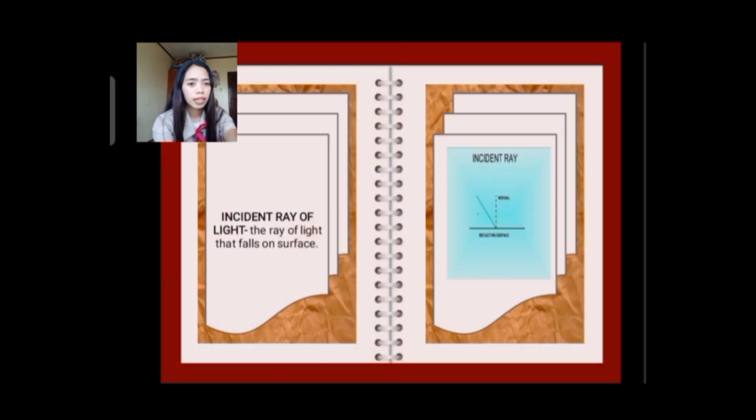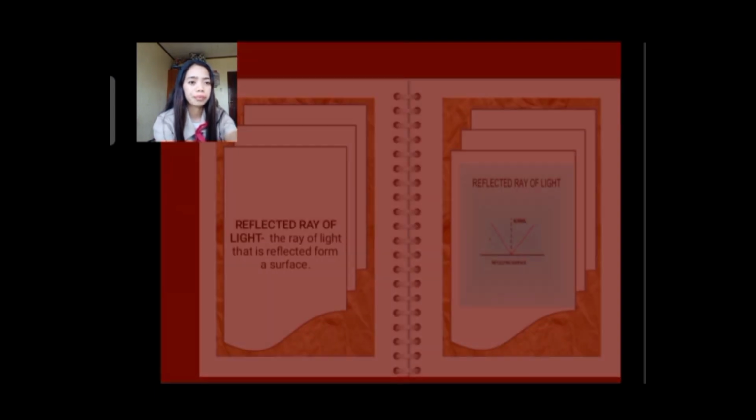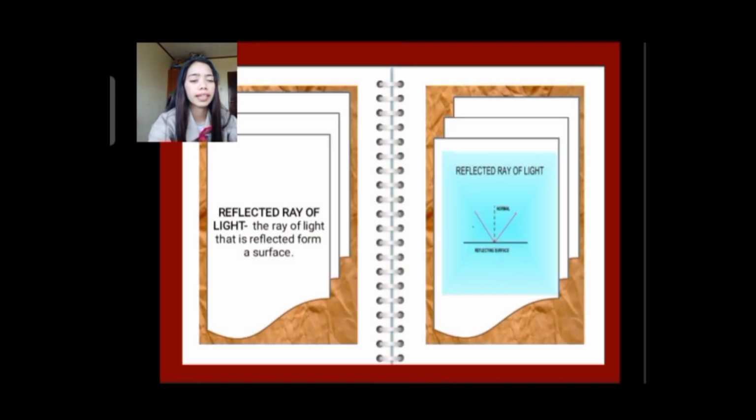Next we have the reflected ray of light. The reflected ray of light is the ray of light that is reflected from a surface. Here is an example of the reflected ray of light. It is the ray of light that leaves the mirror.